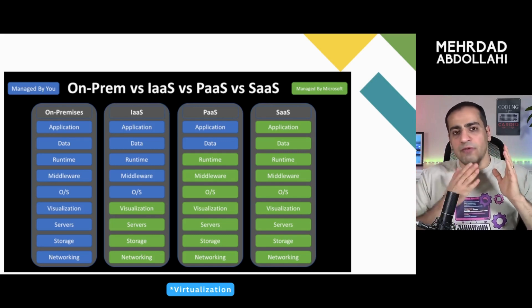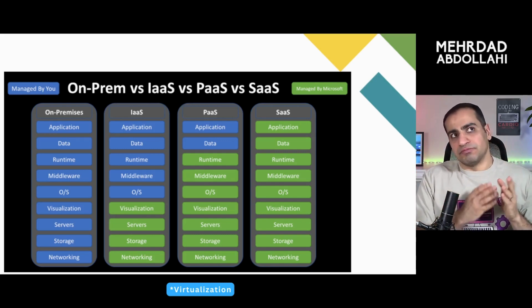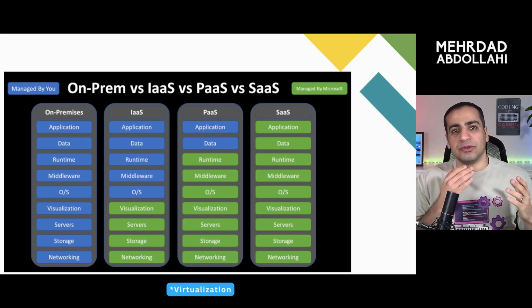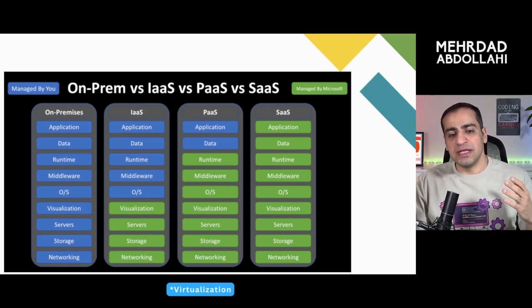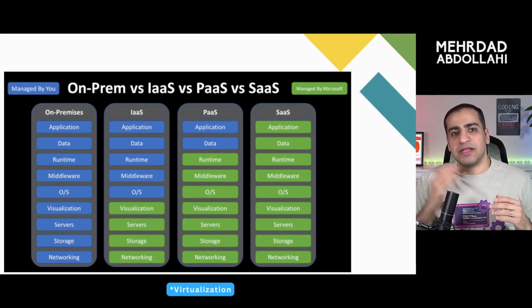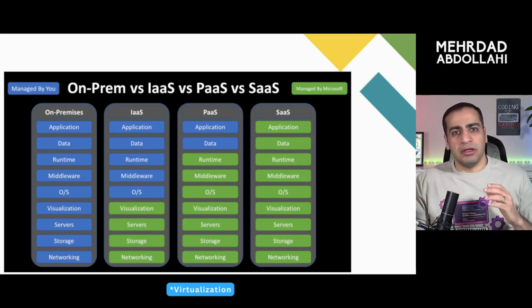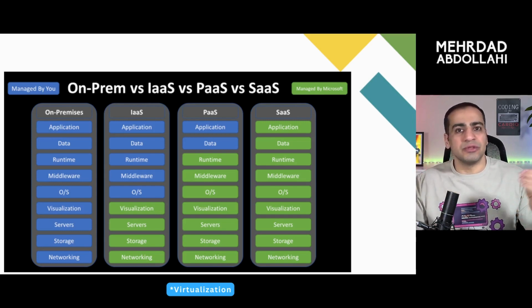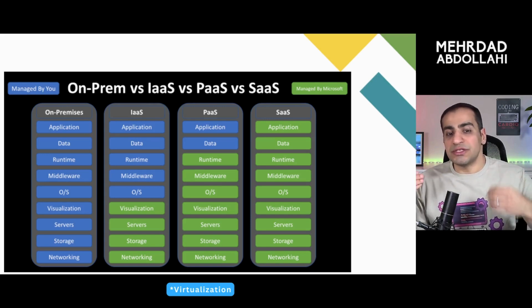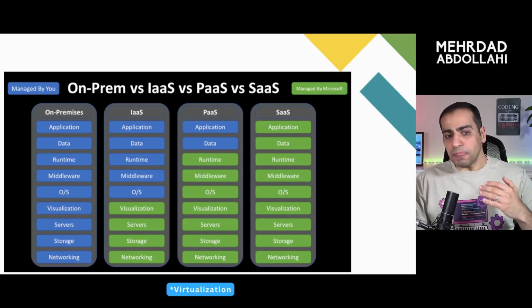When it comes to the software industry or computer-based solutions, we have some components that you can find in the on-premises column here, including the networking, the computers and how they connect to each other, the storage, servers, virtualization, OS, middleware, runtime, data, and application.